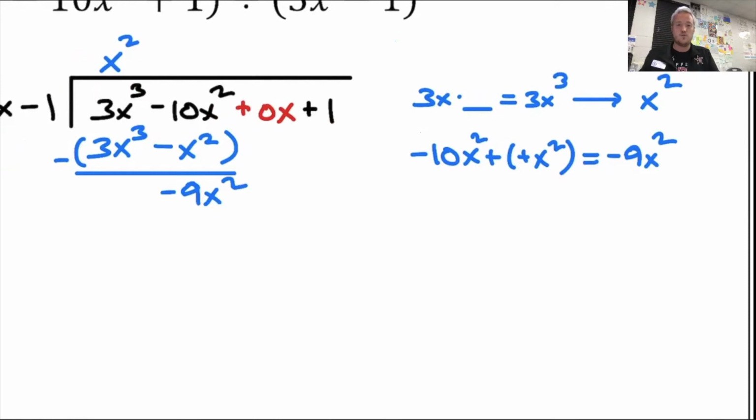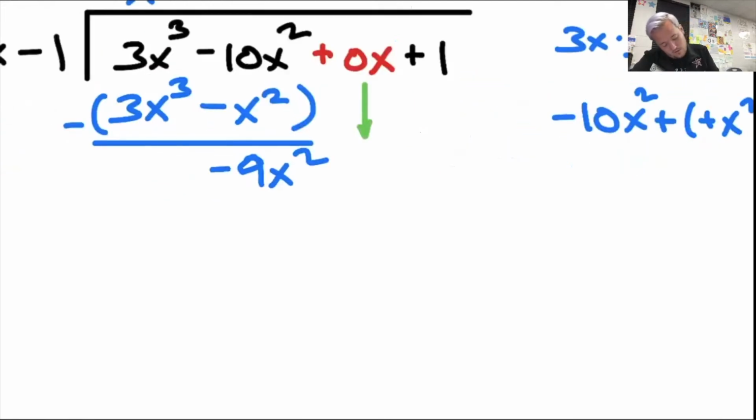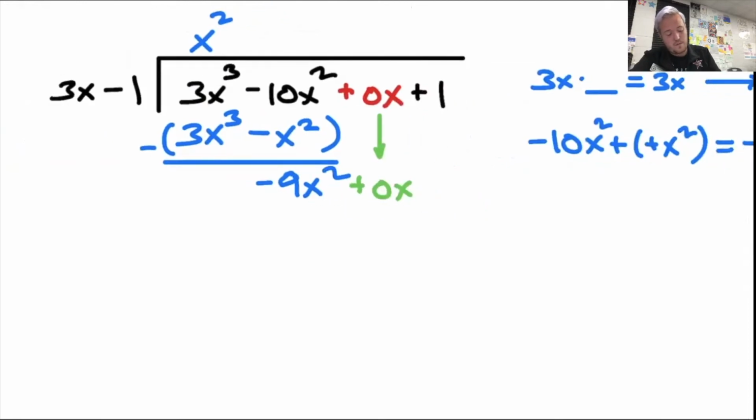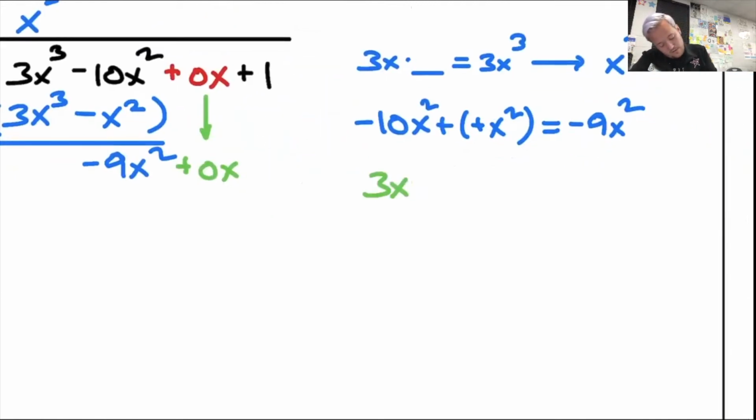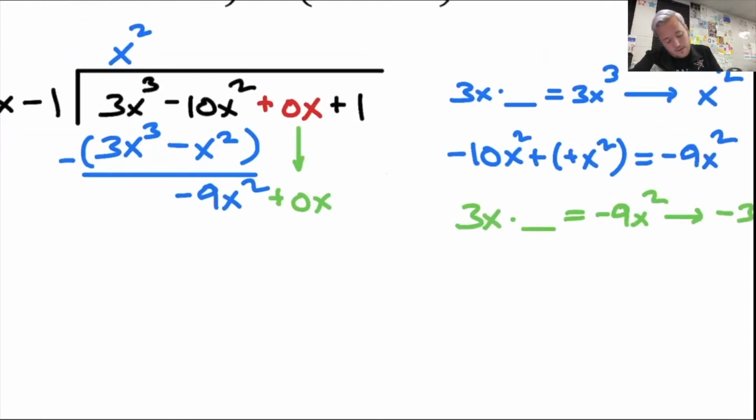Now I want to move on to the second set. So I'm going to bring down the 0x. So I'm going to do 3x times some value to give me negative 9x squared. So this would be negative 3x. That's going to be the next term.